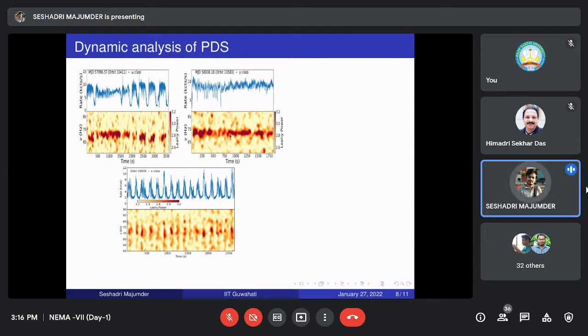In gamma class, we can see that the QPO is present almost persistently in the entire exposure time, because almost the entire light curve is at high count. But near 500 to 750 seconds, the QPO is not that strong because of a small duration of low count dips.